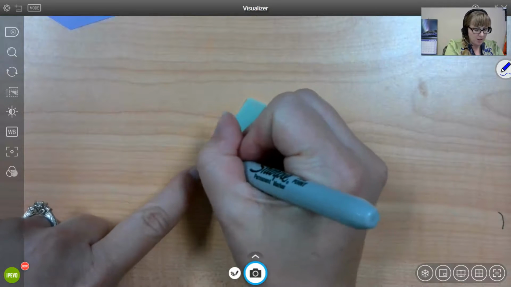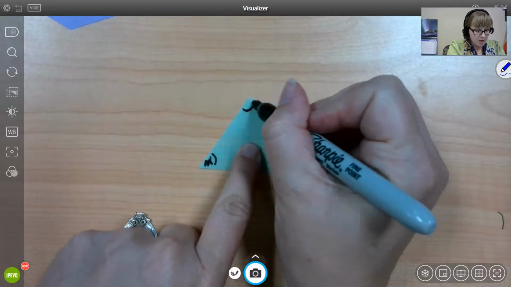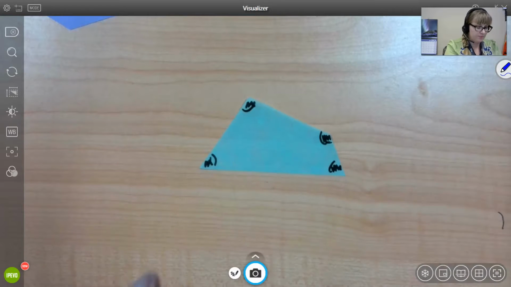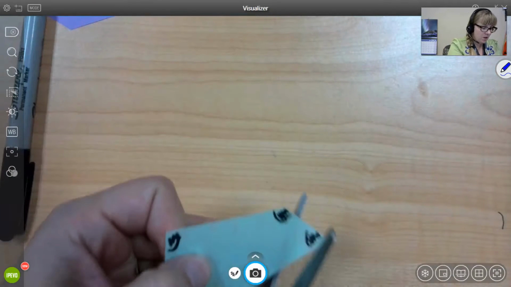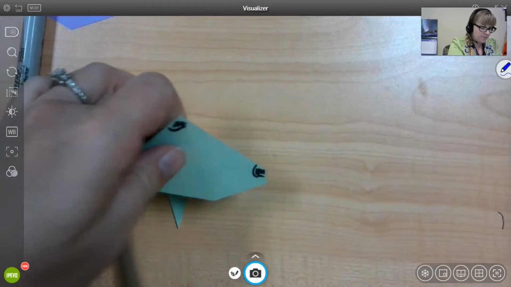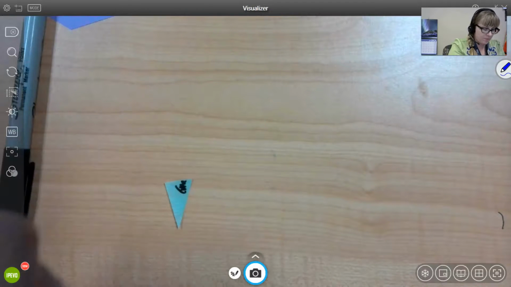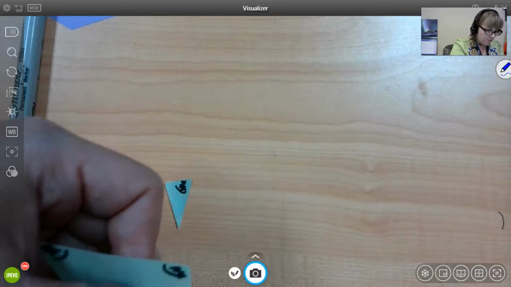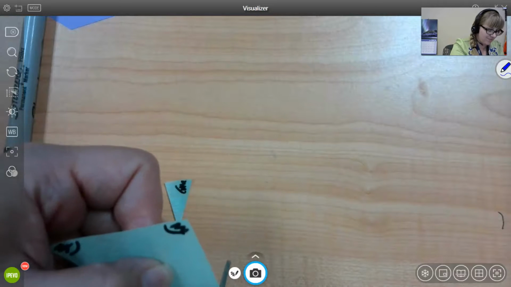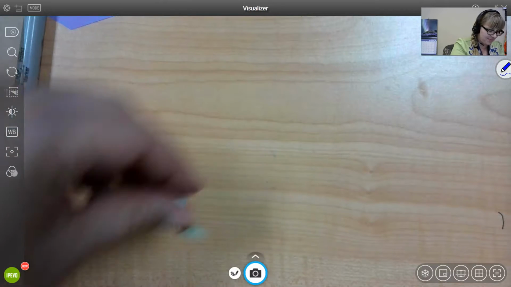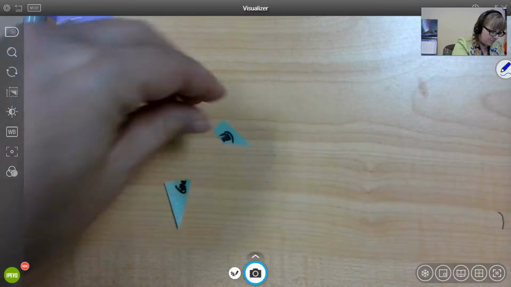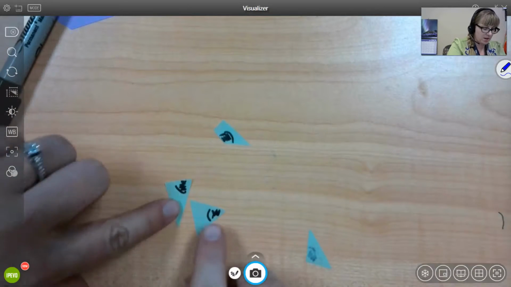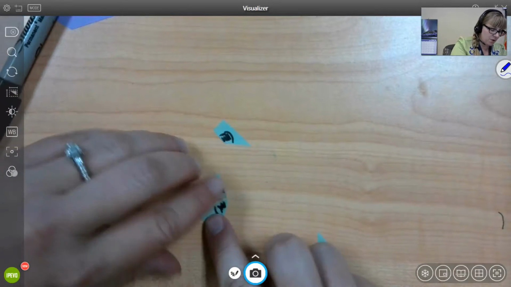I'm going to start by marking these angles so that I cut them off, I still know what angles I'm supposed to be looking at. All right, see if this can work for me.